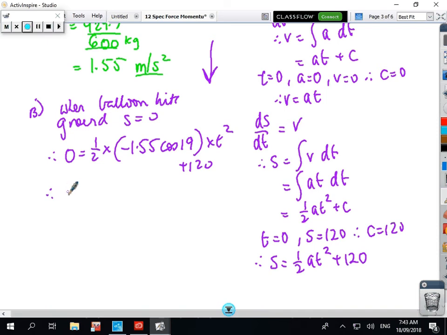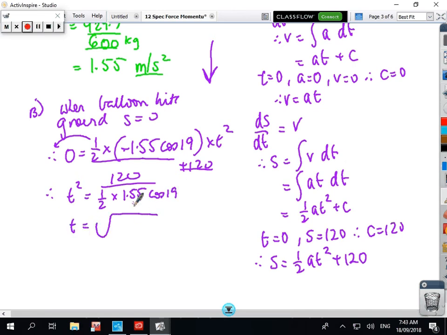So t squared will equal, that's a minus there, so that'll come across to make a plus on that side. So we'll end up with 120 on the top, and then we're dividing by a half times 1.55 cos 19. So t will equal the square root of that number, which is 12.5 seconds.